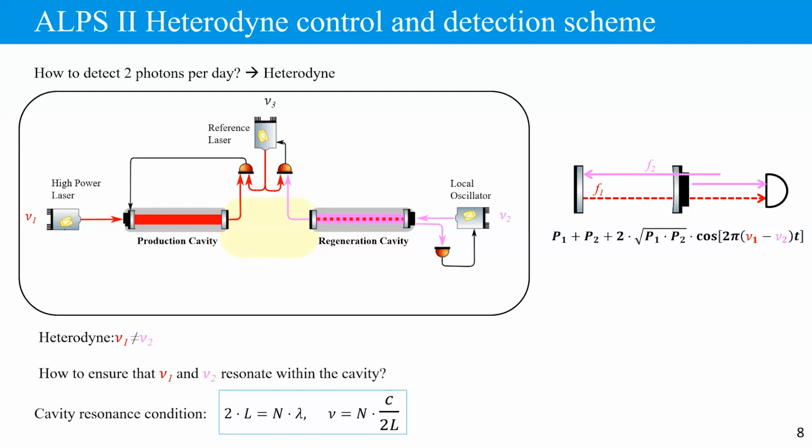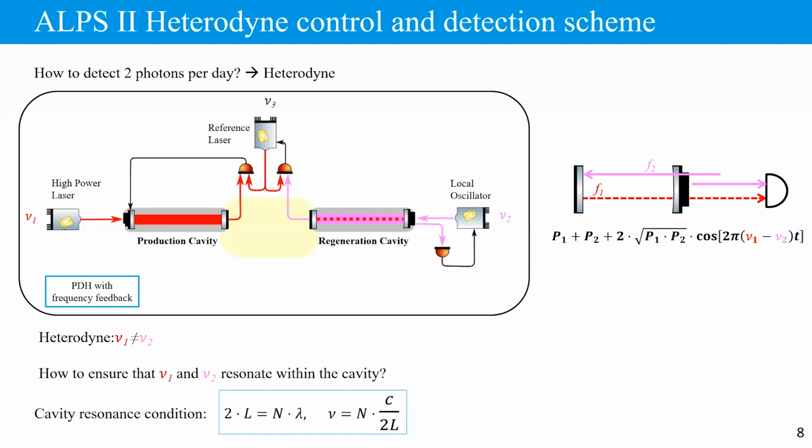We need a dedicated control system to do that, and the way we do that is the following. First of all, we start to stabilize the frequency of our light source, the high power laser, to the resonance of the production cavity, so to the length of the production cavity.